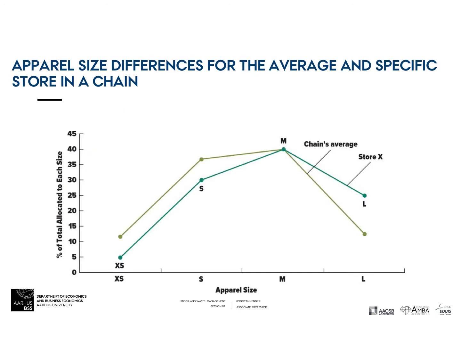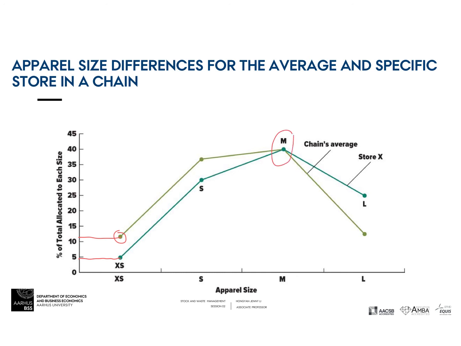This graph shows the diversity of the allocation quantities to different stores compared with the average. Here the green lines show the chain's average. For example, for size XS, the average is about 12, and for the specific store X, it's less than 5 or probably 5. That means this store historically probably sold fewer small sizes.